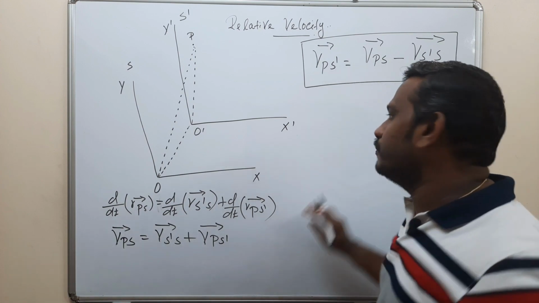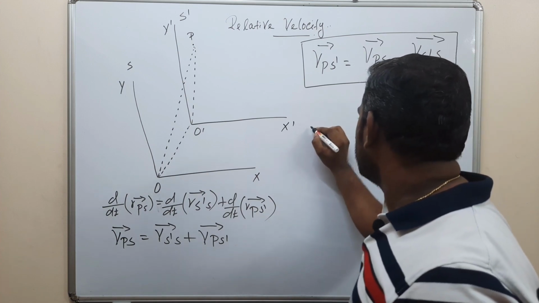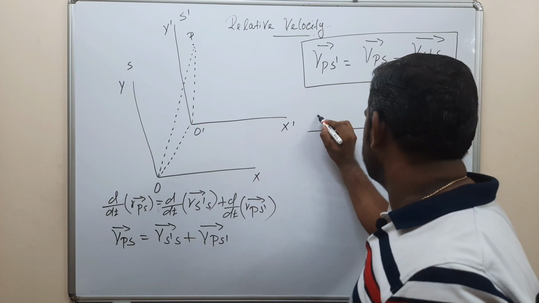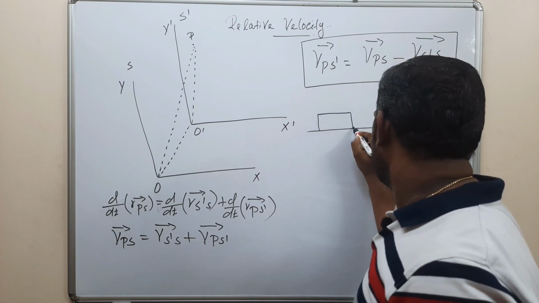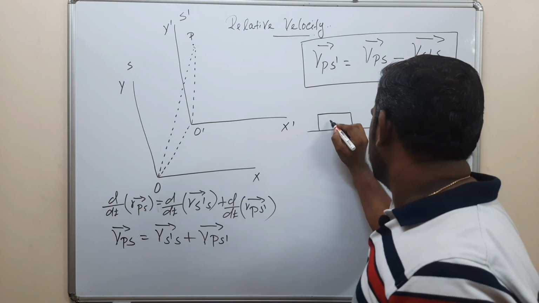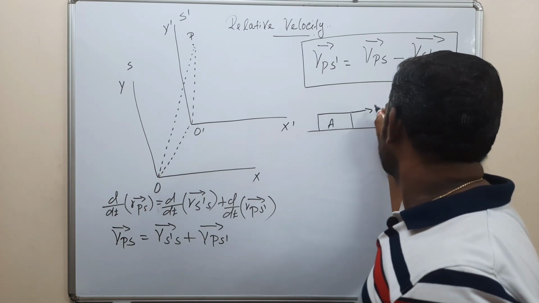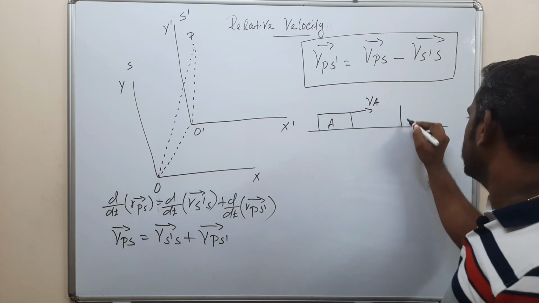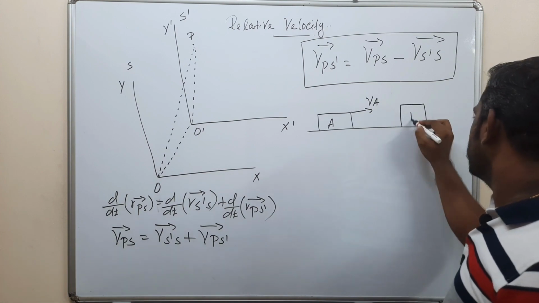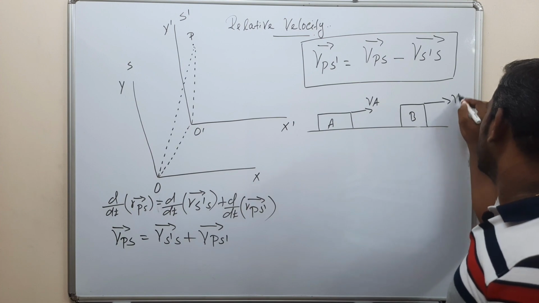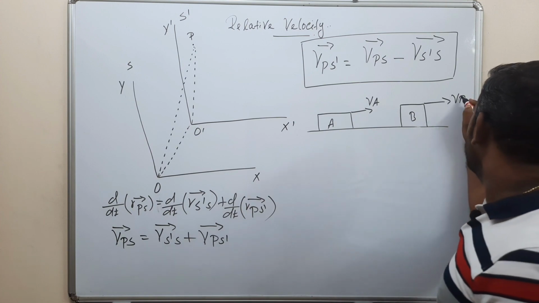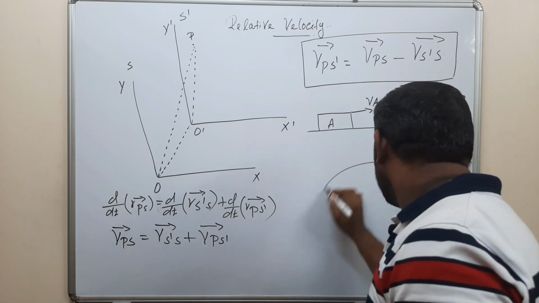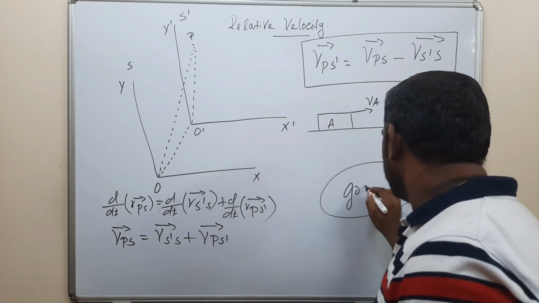Now come to our case: two objects, an object A moving with velocity va and an object B moving with velocity vb with respect to a common frame, that is, ground.